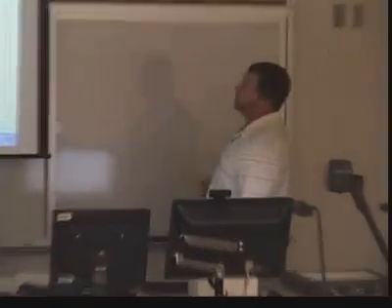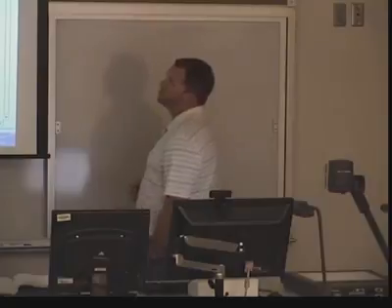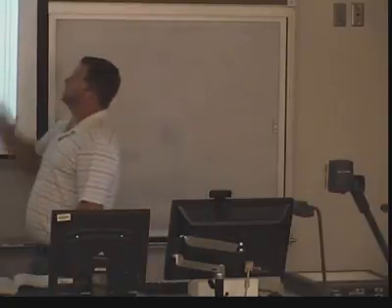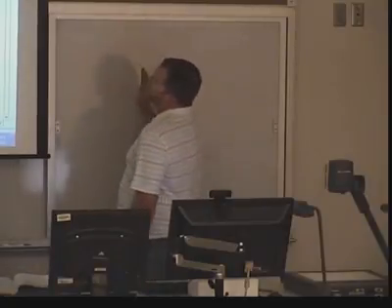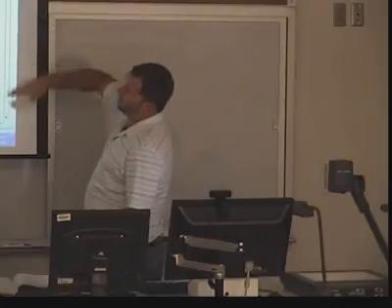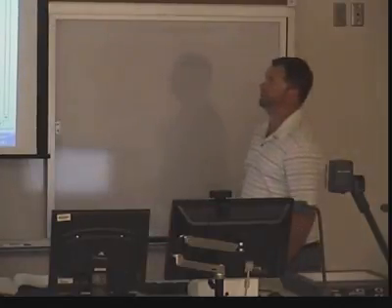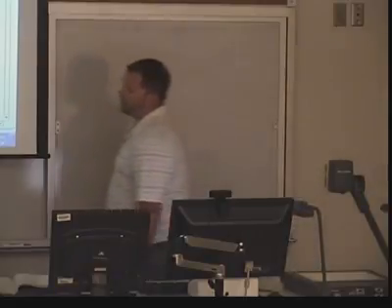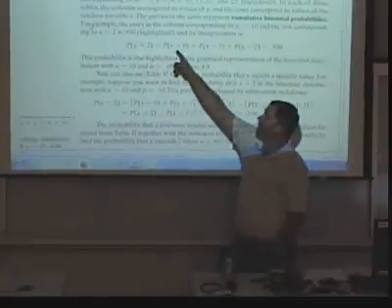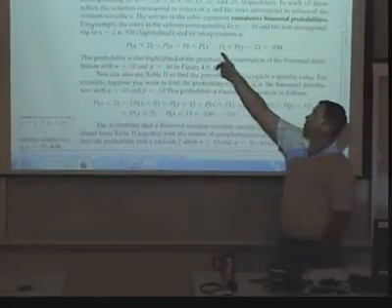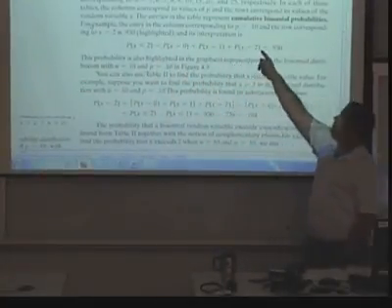In each of these tables, the columns correspond to values of p. So my probability is in the columns, and the rows correspond to the random variable x, the number of successes. So whenever I ask you what's the probability that x will be less than or equal to 2, that's the probability that x is 0, plus the probability that x is 1, plus the probability that x is 2.